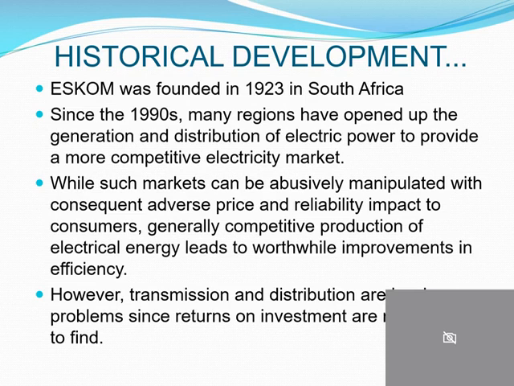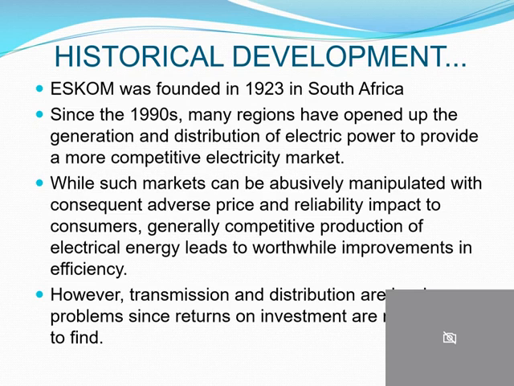While such markets can be abusively manipulated, with consequent adverse price and reliability impact to our consumers, generally we still need competitive production of electrical energy so that we improve not only the efficiency, but also the stability of our electricity supply in the country.